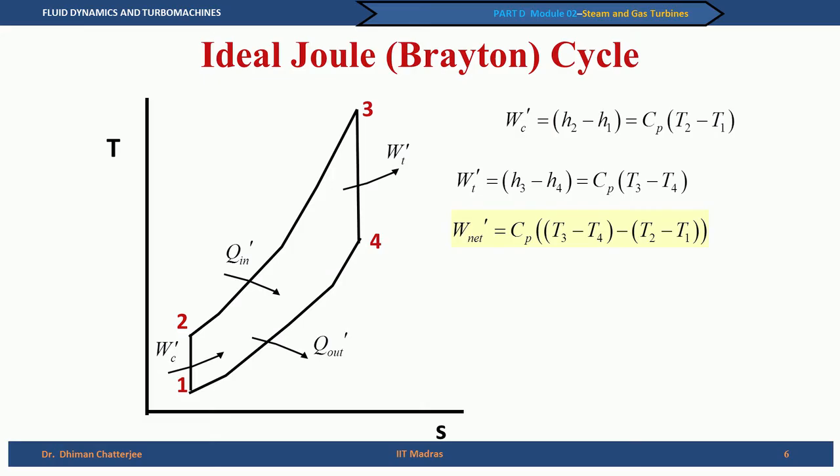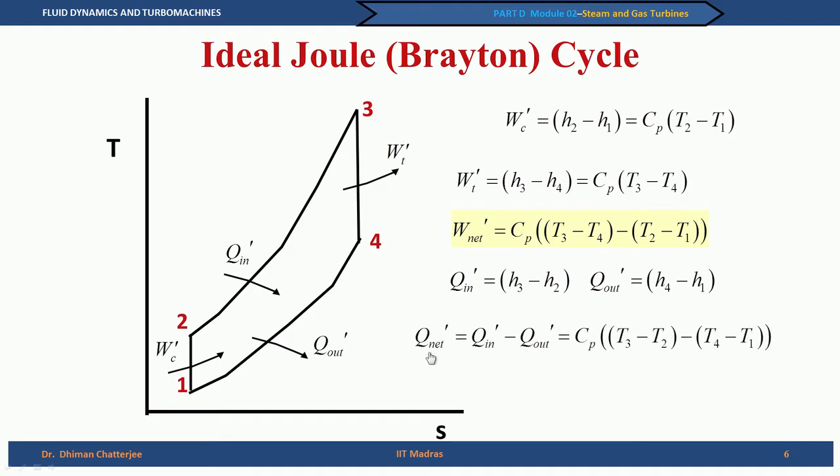Of course, as you know from thermodynamics, we could have established the same thing by saying Q in prime, which is h3 minus h2, and Q out prime, which is h4 minus h1, and talking about the net heat addition, which is c p (T3 minus T2) minus (T4 minus T1), which is the same as W net as it should be. And we can define the efficiency of this Brayton cycle as W net prime by Q in prime.